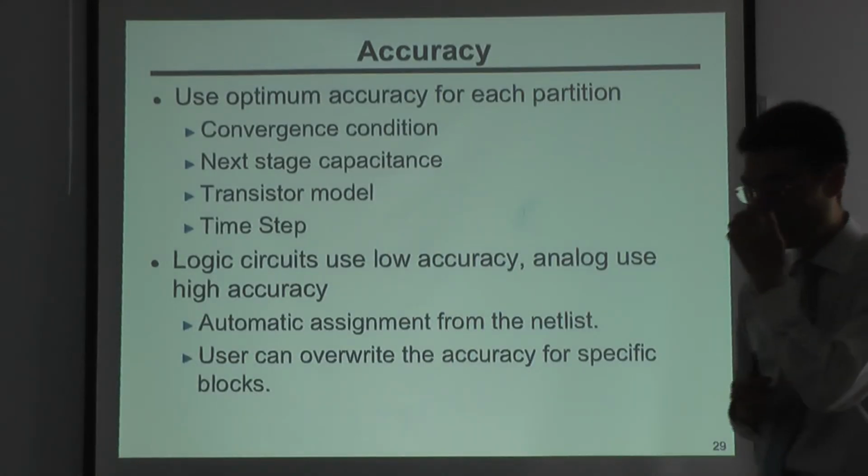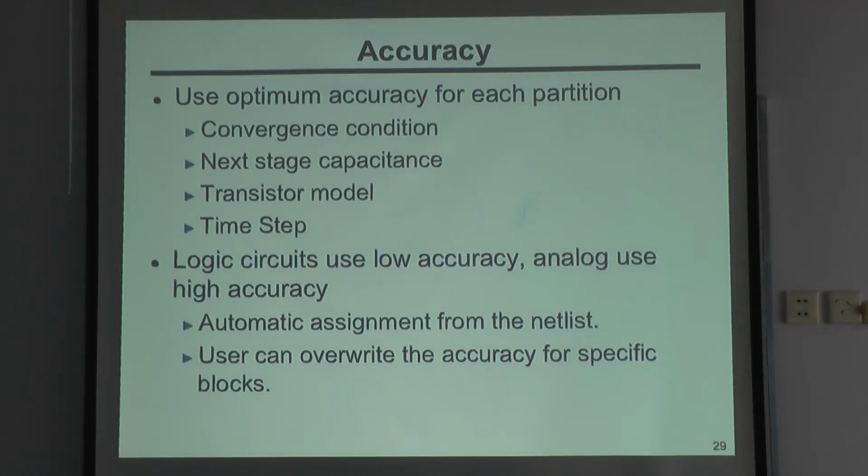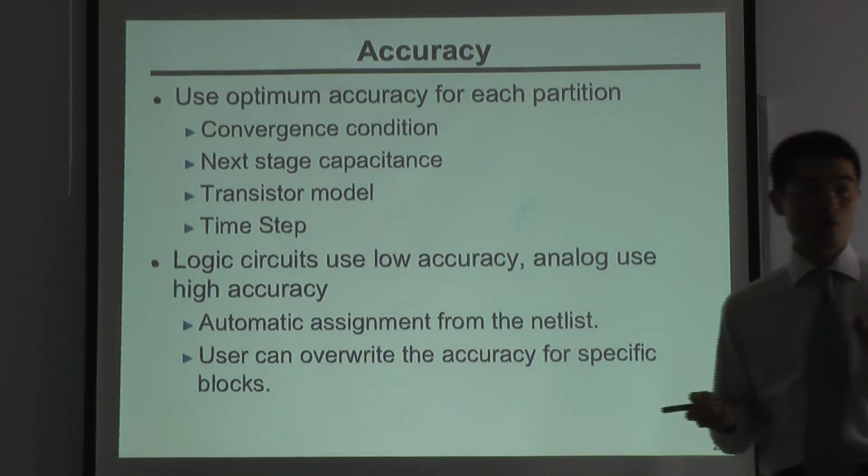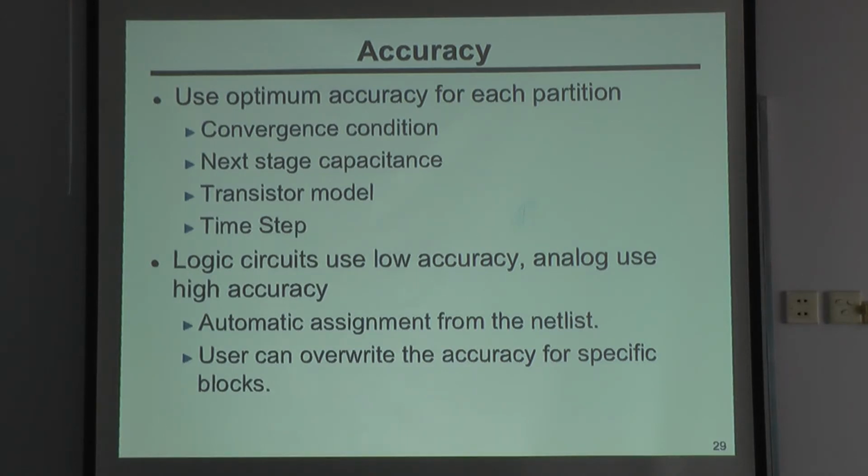And for accuracy, we can use optimum accuracy for each function. So we can specify the convergence conditions, how to calculate the next stage capacitance, what kind of transistor model we use, and how to control the time step for each function. Also, logic circuits can use low accuracy and analog blocks want to use high accuracy.